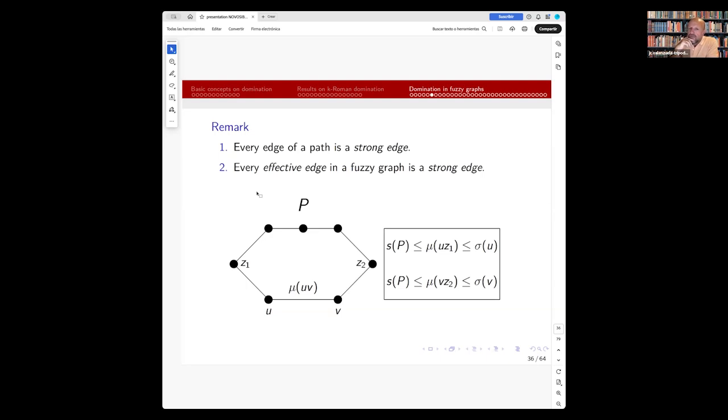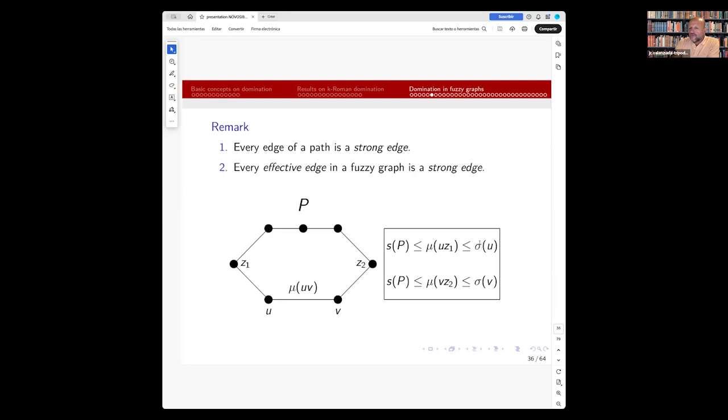Recall that an effective edge is an edge that achieves the maximum possible value. So why is an effective edge a strong edge? Because if mu of UV is maximum, the strength of this path is less than or equal to the value of the first edge, U to v1, and also less than or equal to the value of this last edge, vn to V. So the strength of the path must be less than or equal to the minimum of these two values.